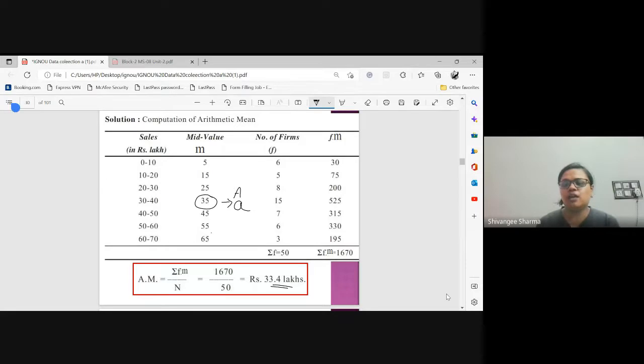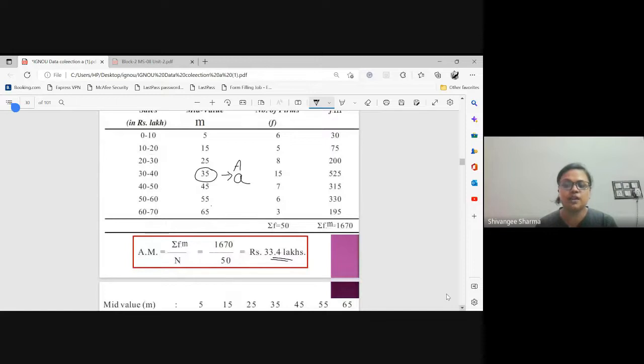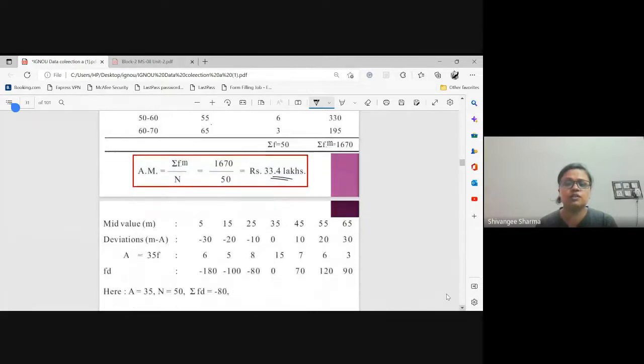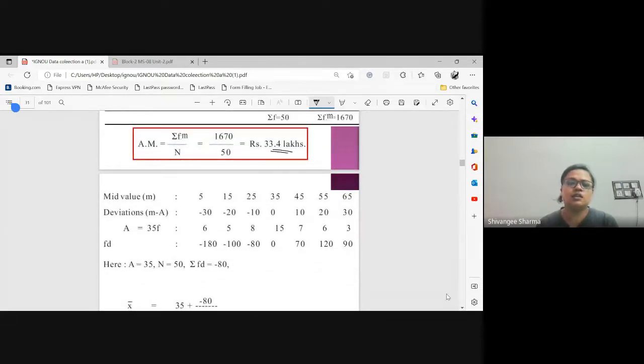Now you have to calculate deviations of this data from the particular mean which is 35. So these are the deviations. Suppose I have assumed mean to be 35, right? So 35 minus 5. We are calculating deviation now from the mid value. These deviations are represented by small d.